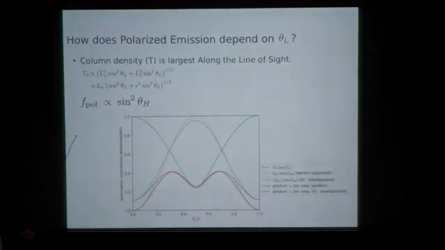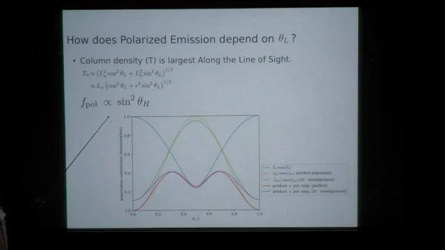This is the same thing that Brandon was talking about before. If we look at what the polarization looks like as you orient a filament towards you, the emission will be strongest as it's aligned towards you, because you see the most column density that way, but you won't see much polarization.